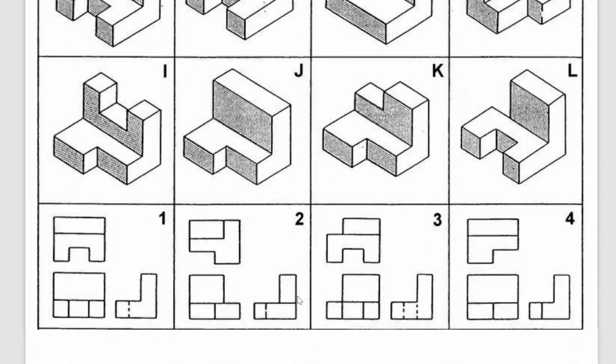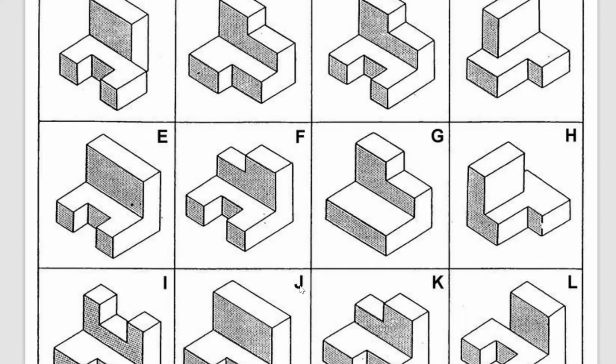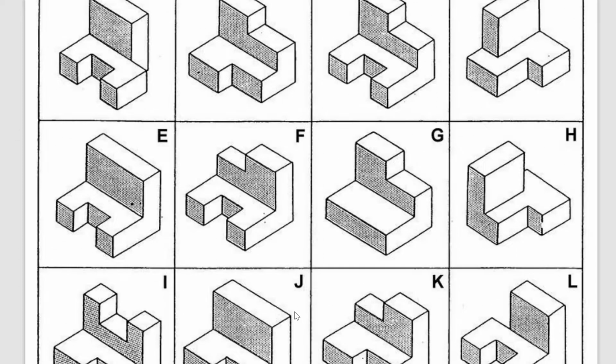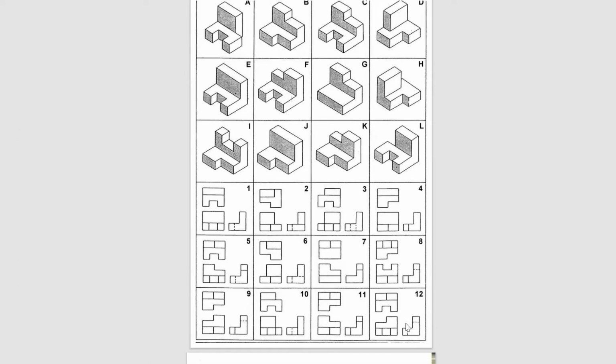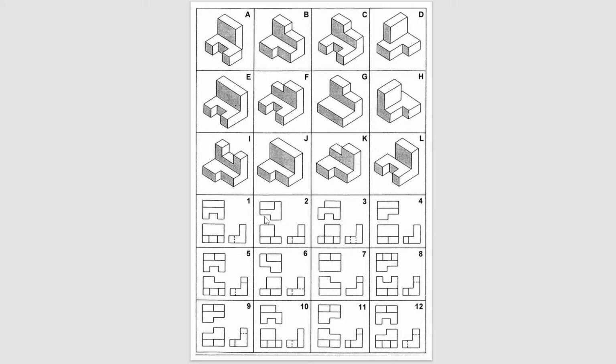Now, then I get back to year 11 stuff, right? Where I gave this to you maybe in the first week of year 11, I got you to line up which isometric matches up with this. So this one here matches up with that by the look of it. And you can see in this case, we're showing hidden detail to line up A and 10. Pretty sure that A and 10 match.